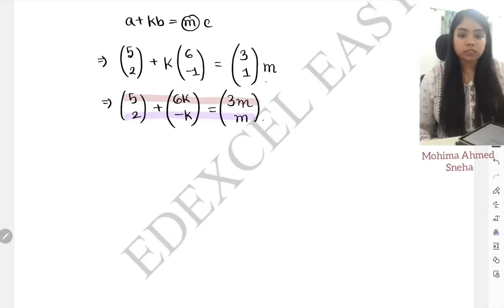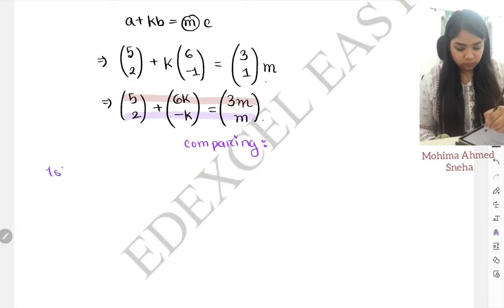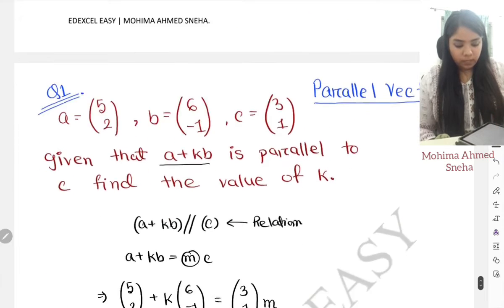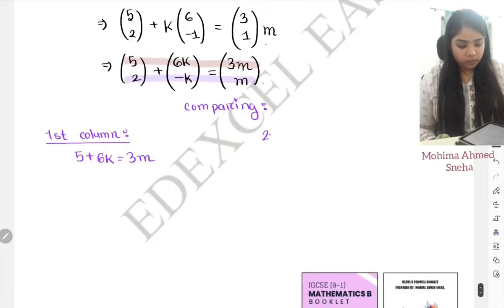So we can just compare the first column and second column separately in two different equations. So it will look like that comparing first column, that is 5 plus 6k equals to 3m, and second column would be 2 minus k is equals to m.